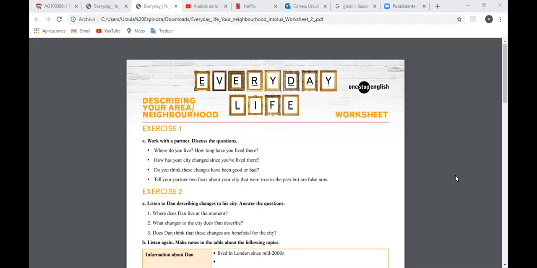Schools. Like 4. You finished the second question? Yes. And the third, do you think schools have been good or bad? I am in the four. Tell your partner 2 facts.